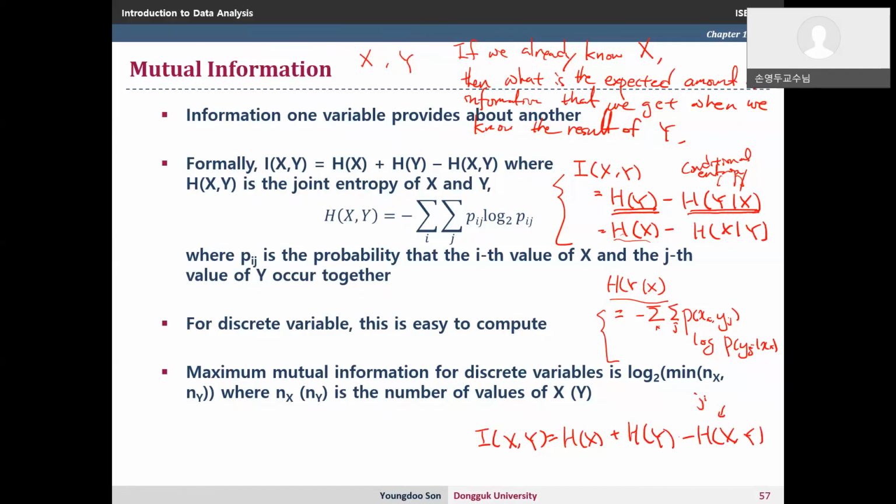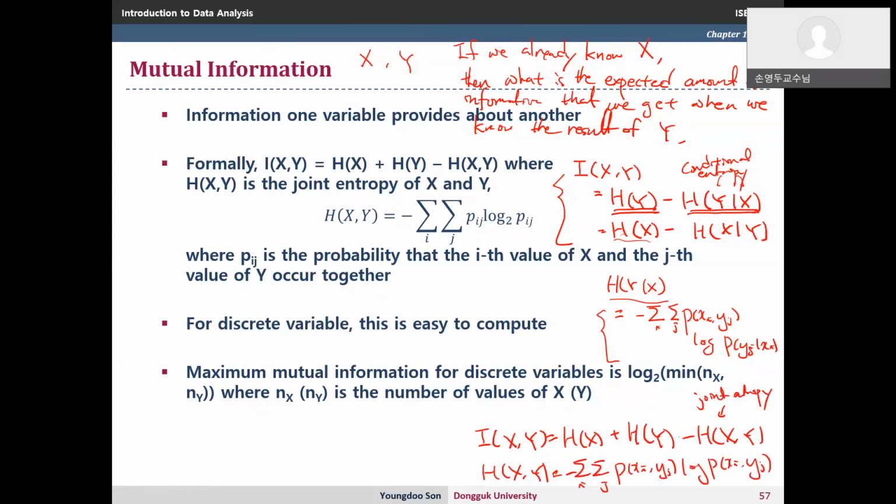This is the joint entropy of x and y, and it is calculated as minus the sum over i, j of p(x_i, y_j) log p(x_i, y_j).